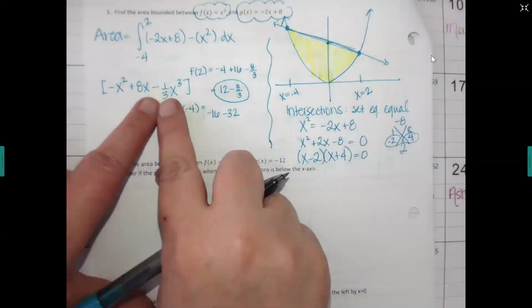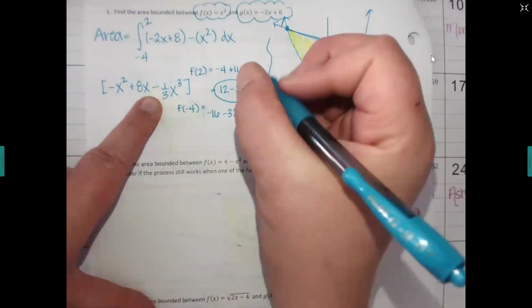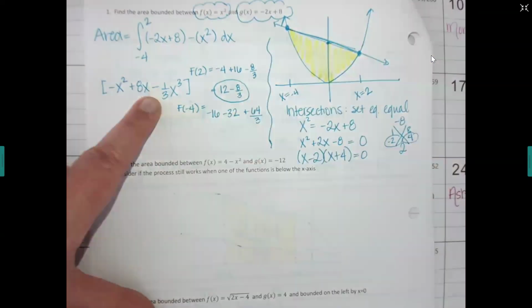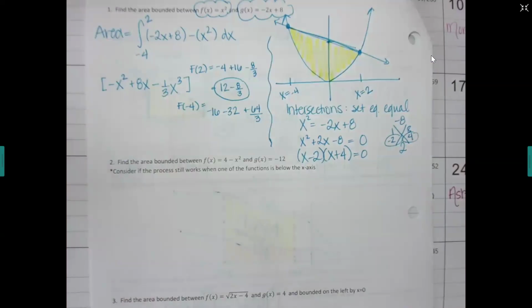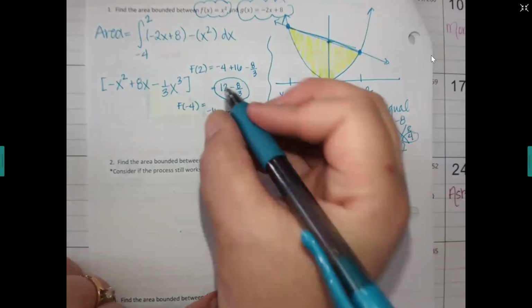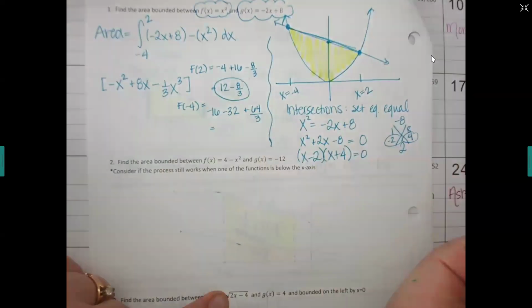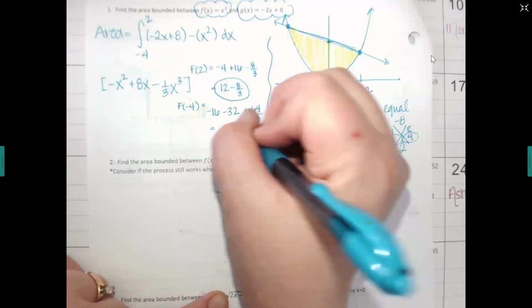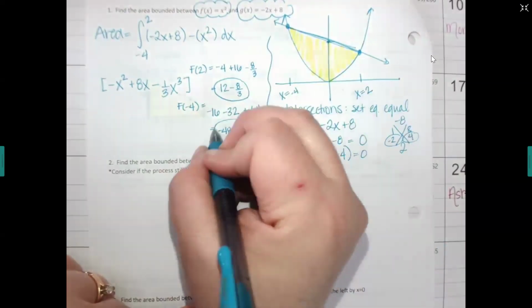And then if I times it by a -1/3, it's going to be a plus 64 thirds. Then combine those whole number pieces, negative 16 and negative 32. What's that going to give me? Negative 48 and then plus 64 thirds.